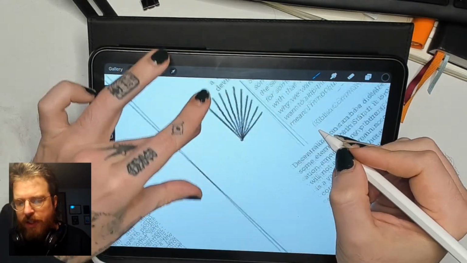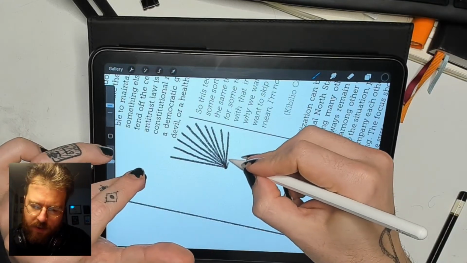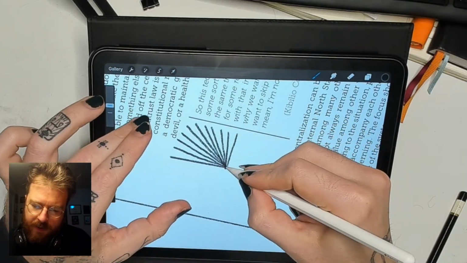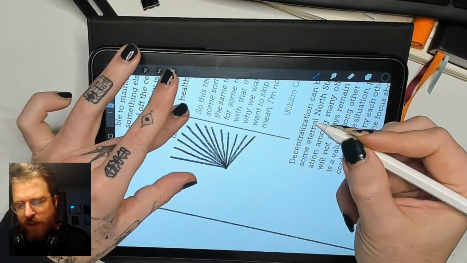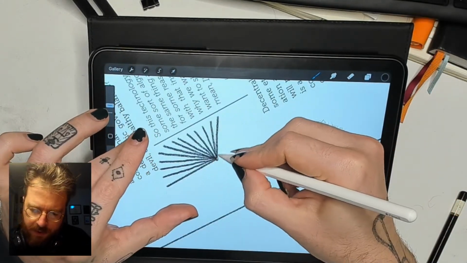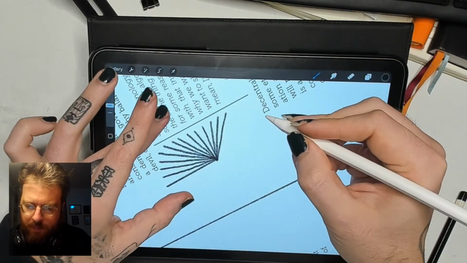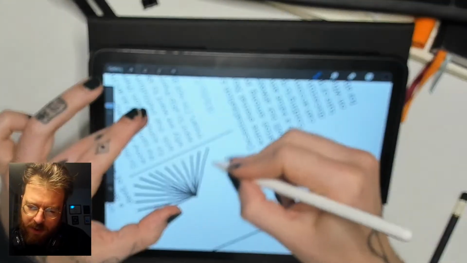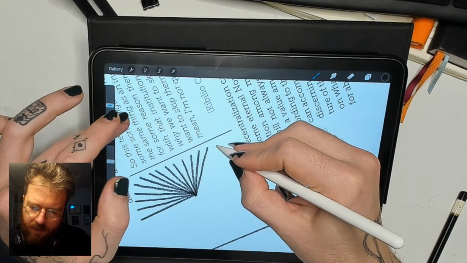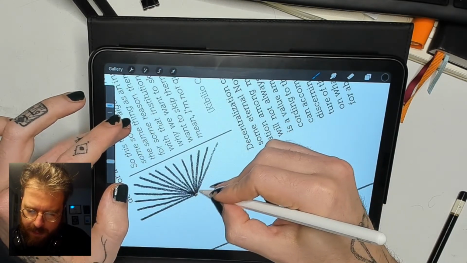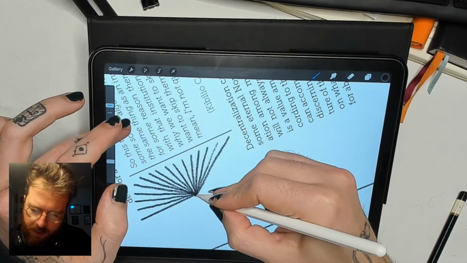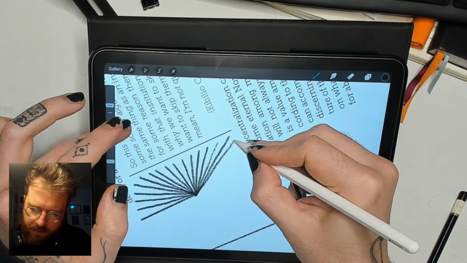And then the cool thing is I can just rotate it, and it's always nice to be making straight lines. I don't know. By this point in my life, it's just complete feeling.